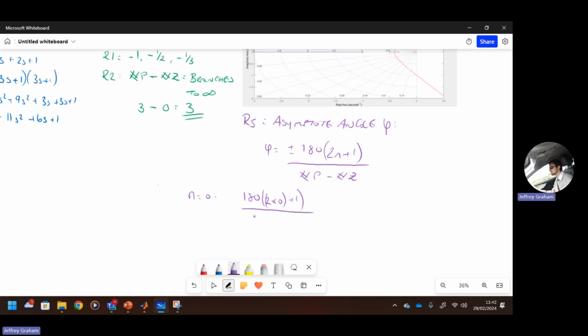On the bottom, we've got 3 poles, no zeros. You stick that into a calculator, it should come out as 60. We increase n by 1.